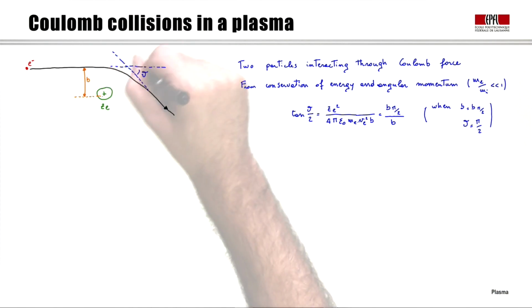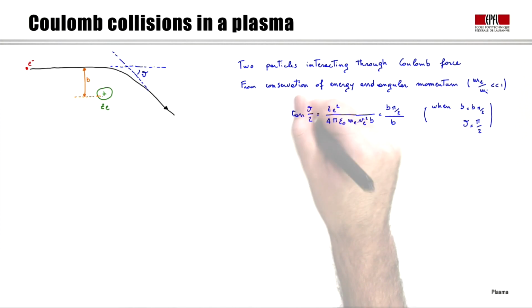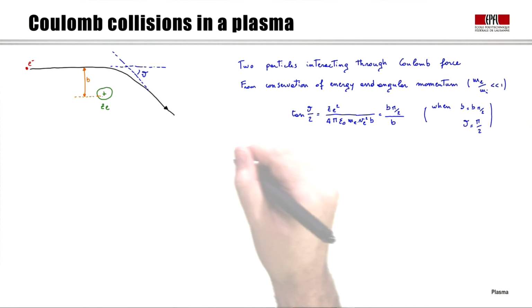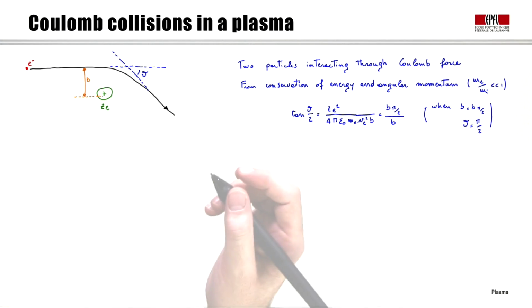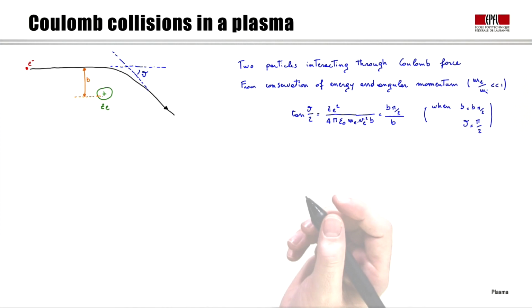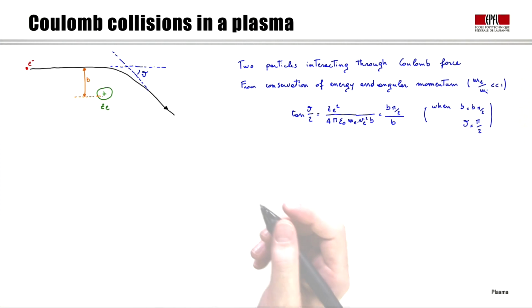Now, taking into account the deflection due to each collision, we notice that in a plasma there are interactions with many particles. So what we want to address is what is the cumulative effect of these collisions.